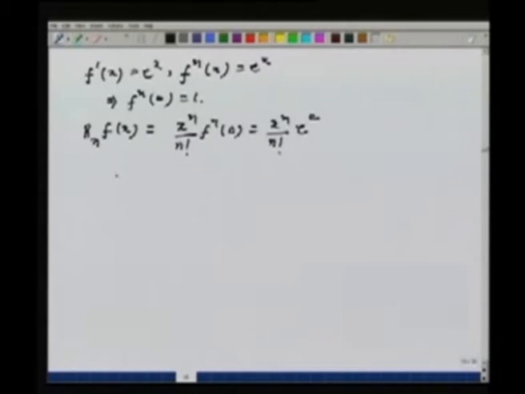And this is certainly equal to fx, which is e to the power x, minus summation k from 0 to n minus 1 x to the power k by factorial k into fk at 0, which I have noticed is actually equal to 1.